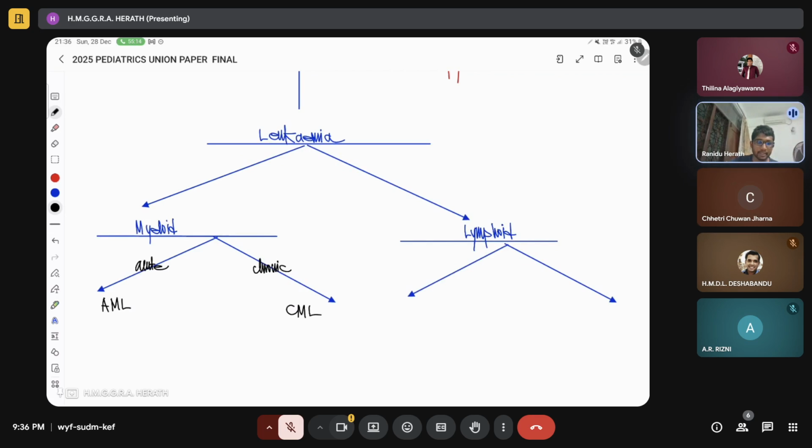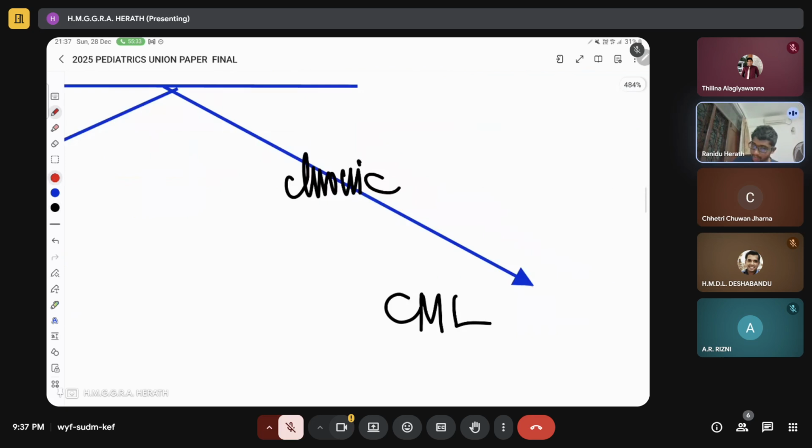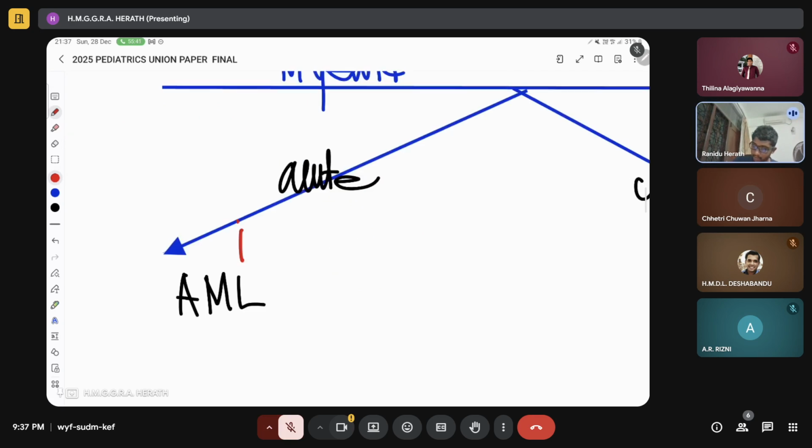What is the reason that you name some leukemias as chronic leukemias? Don't know. Right. So chronic leukemia means it is comprising of old mature cells. Myeloid leukemia means that it is composed of immature myeloid cells.